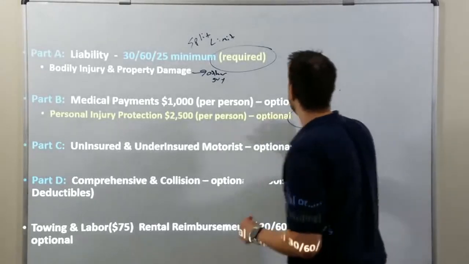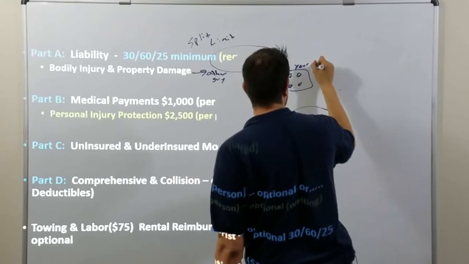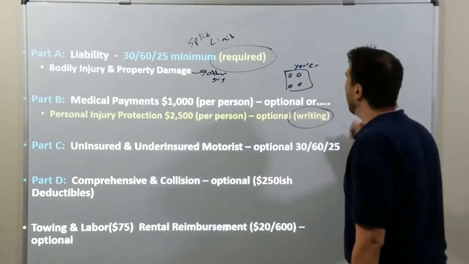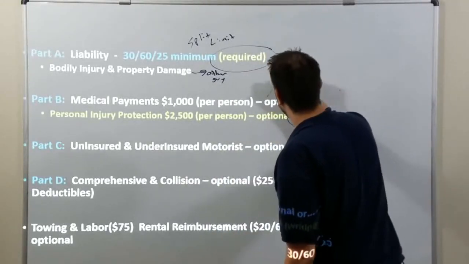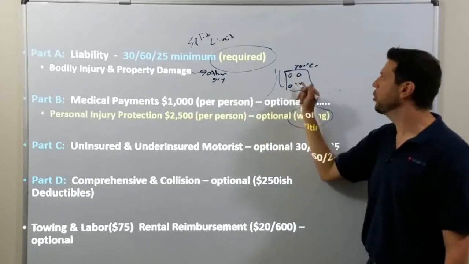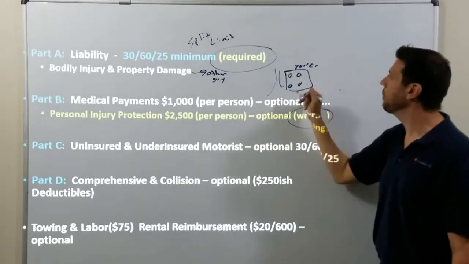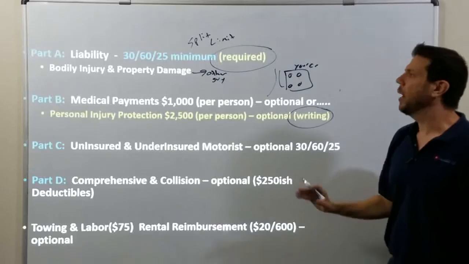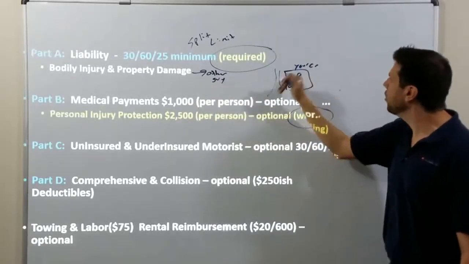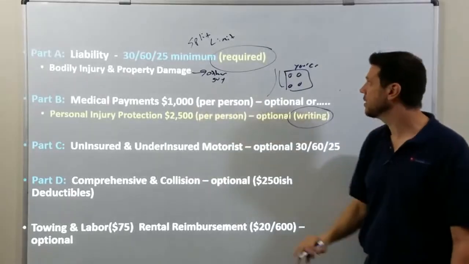So like let's say you have 4 people in your car and you hit a tree. Each person can file up to $1,000 on your medical payments or $25,000 for PIP, personal injury protection. Medical payments and PIP pay you and the people in your car per person to these limits.